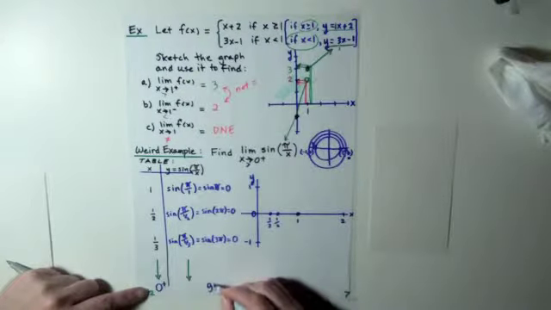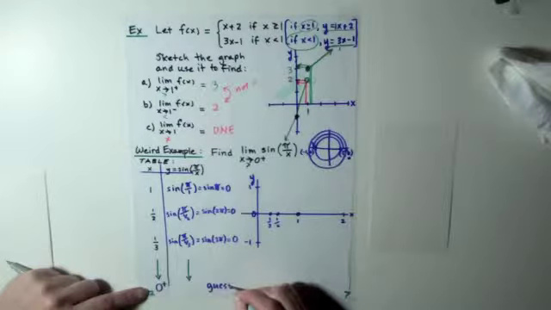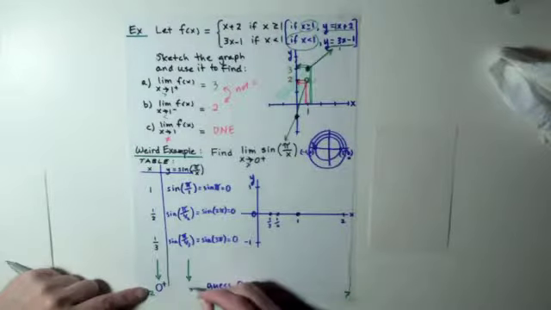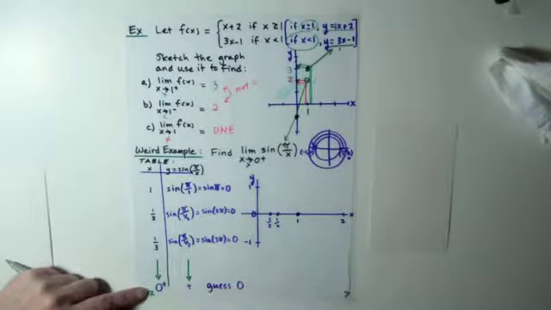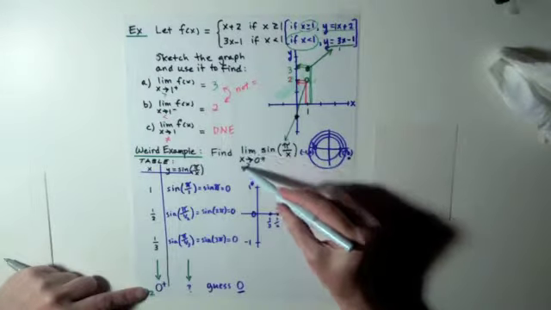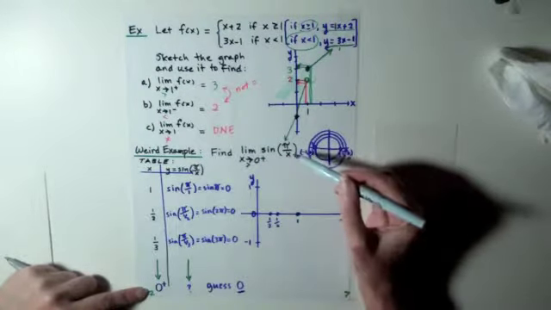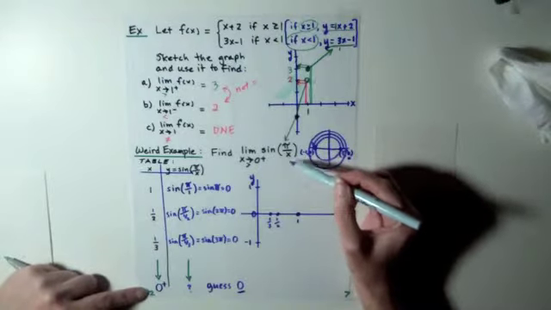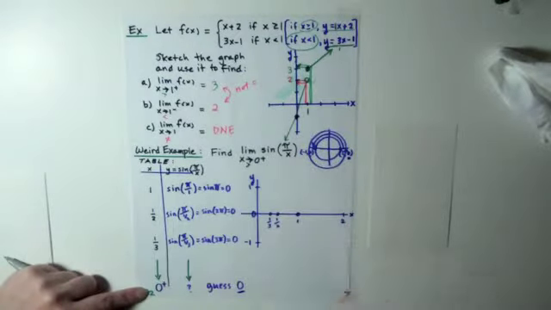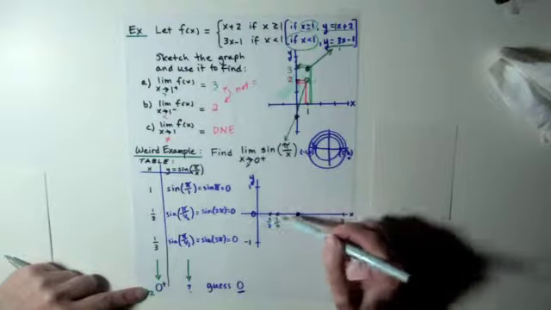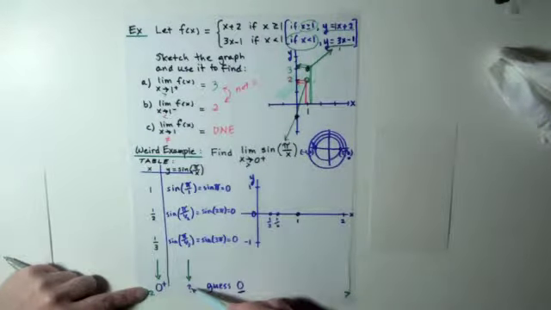So you might guess, and I'm going to put this down as a guess, that the value of the limit is 0, that these values are getting closer and closer to the number 0. You might say, oh, well, the limit as x approaches 0 from the right of sine of pi over x, it looks like all the output values are just 0. So they're definitely all collecting around a single value. They're all getting closer and closer to the number 0.